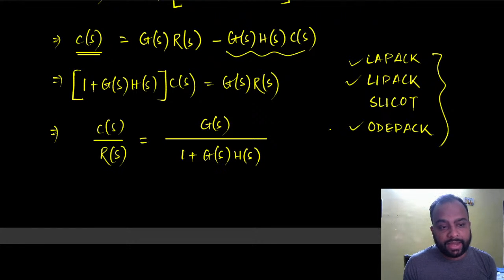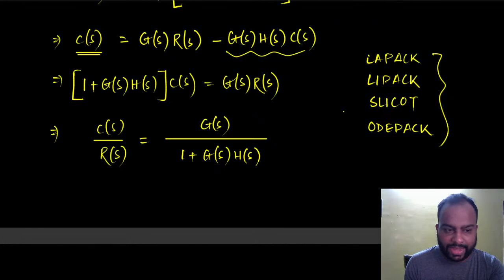Whenever you ask Python or MATLAB to solve a differential equation, under the hood it's actually calling a Fortran function. Because using Fortran is more difficult than using MATLAB or Python, those libraries act as wrappers to these packages.